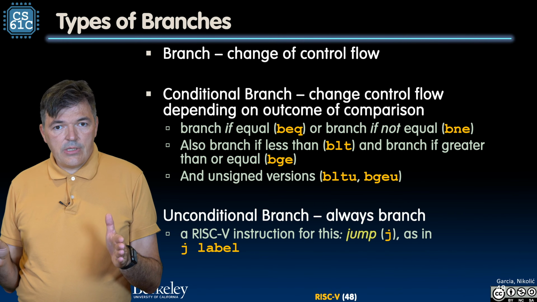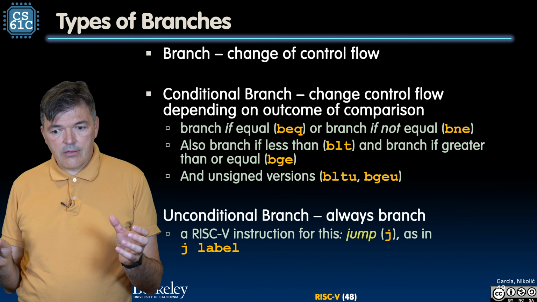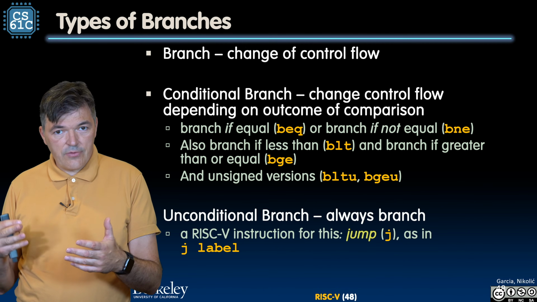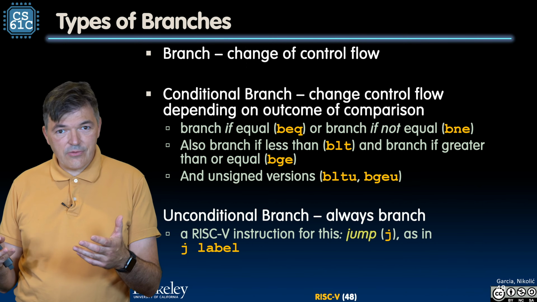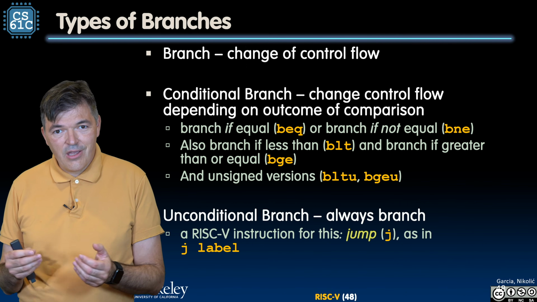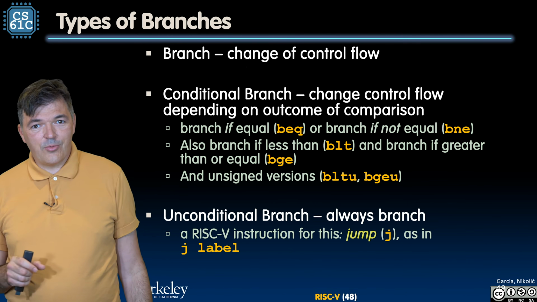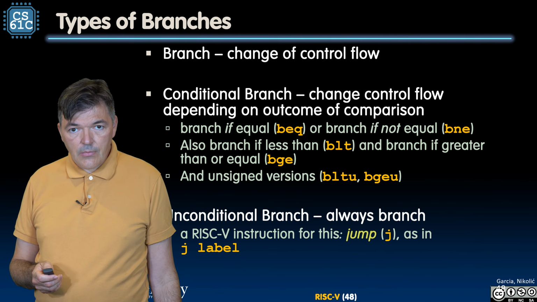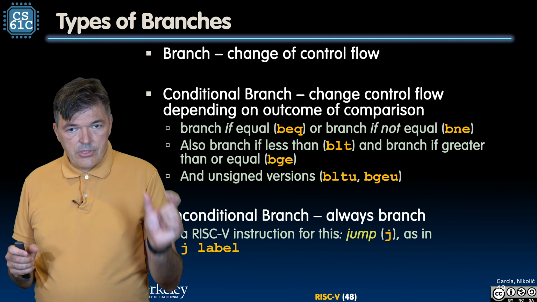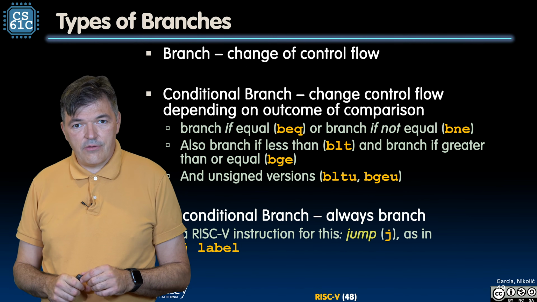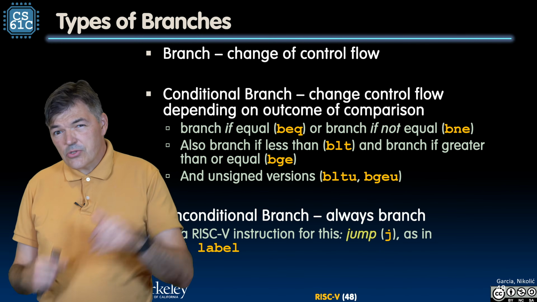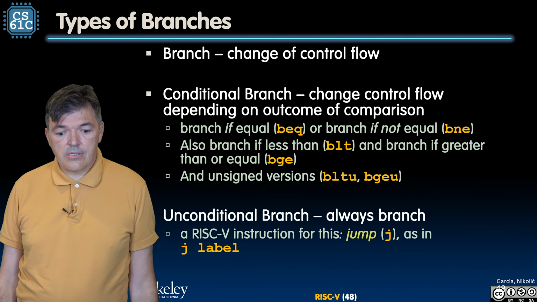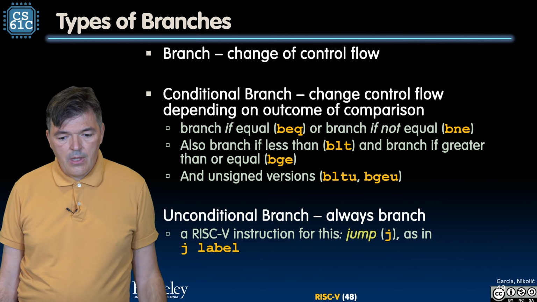In these 32-bit instructions, you have to encode somehow the type of the instruction, which of the 32 registers we are comparing, and then there is a little bit left to place the label, which is essentially an immediate value. In jump, we just say jump and then have an immediate value. So the range of an unconditional jump is longer, reaches farther.